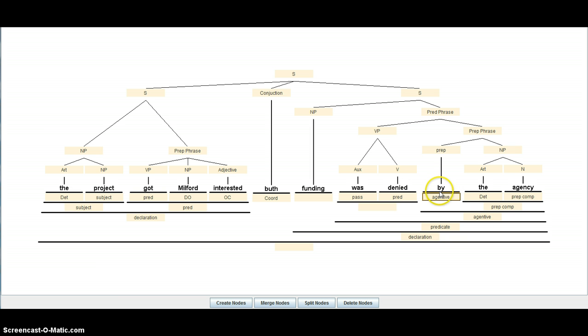So when you have a passive by and you have the agent of the passive verb, it's called an agentive function. We don't see that often. I think we have to have funding, which is the subject of this sentence. And now I think we are done. Great.